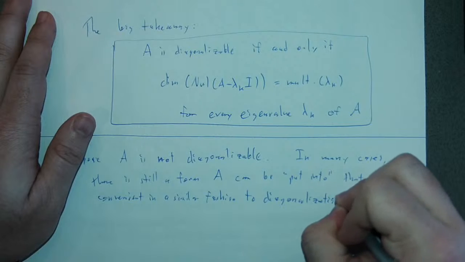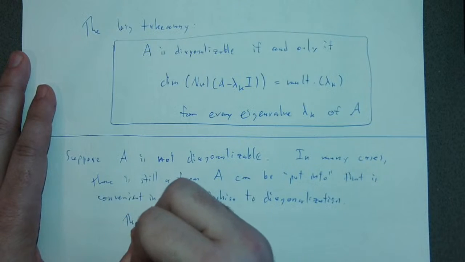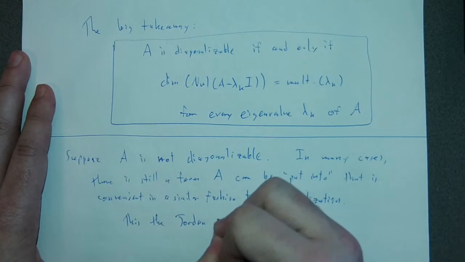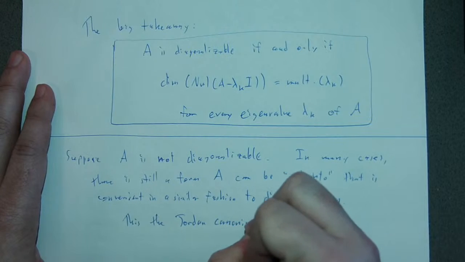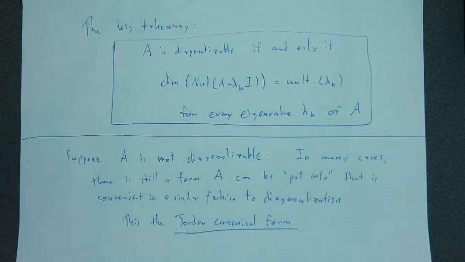I'm not going to talk about it right now. Hopefully by the end of class I'll be able to mention it. This is the Jordan canonical form. I'm not going to mention this right now, but this will be one of the last things I talk about in the class.